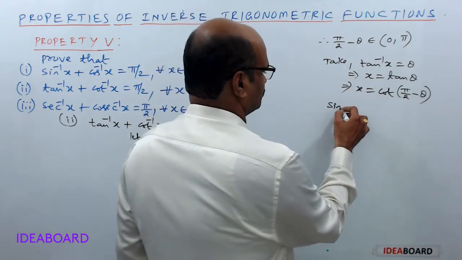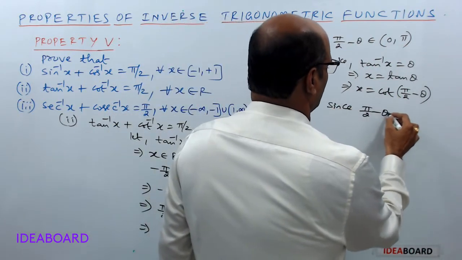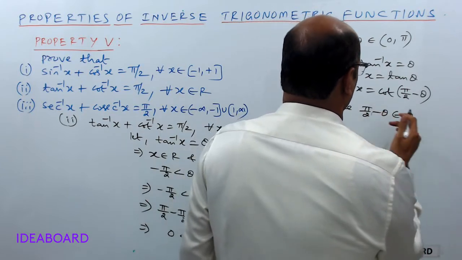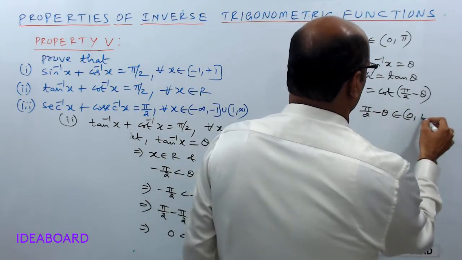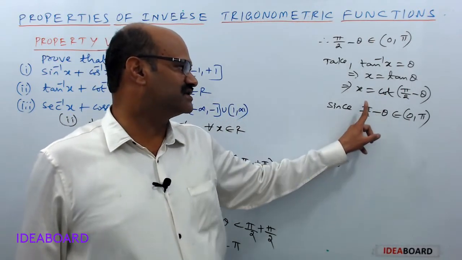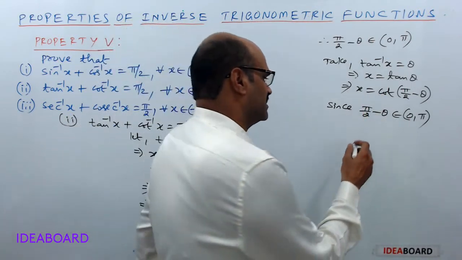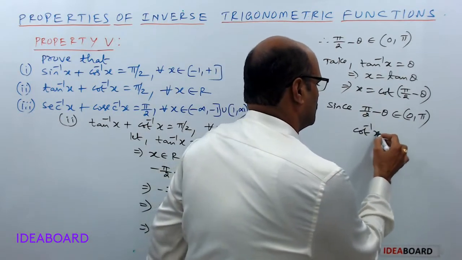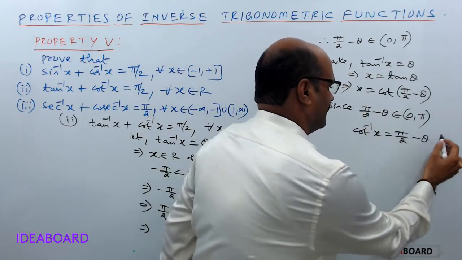Since pi by 2 minus theta belongs to the open interval 0 to pi, the inverse of this function exists. So cot inverse x equal to pi by 2 minus theta.